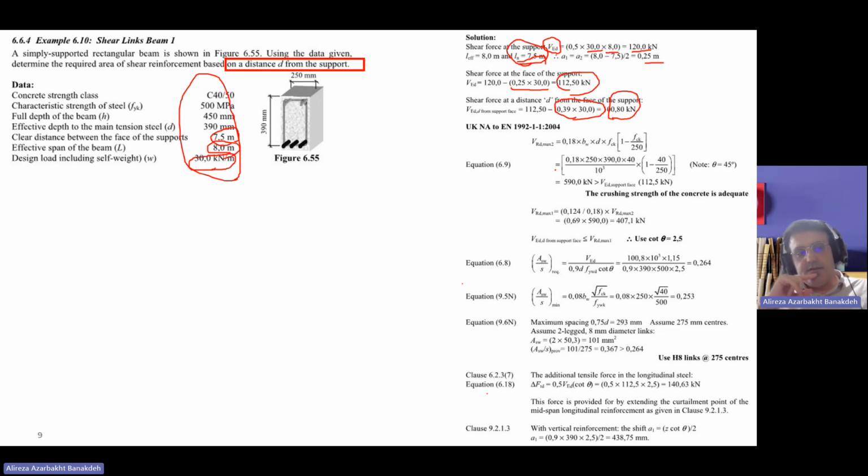We can discuss this during the next lecture as well to see how does it work.